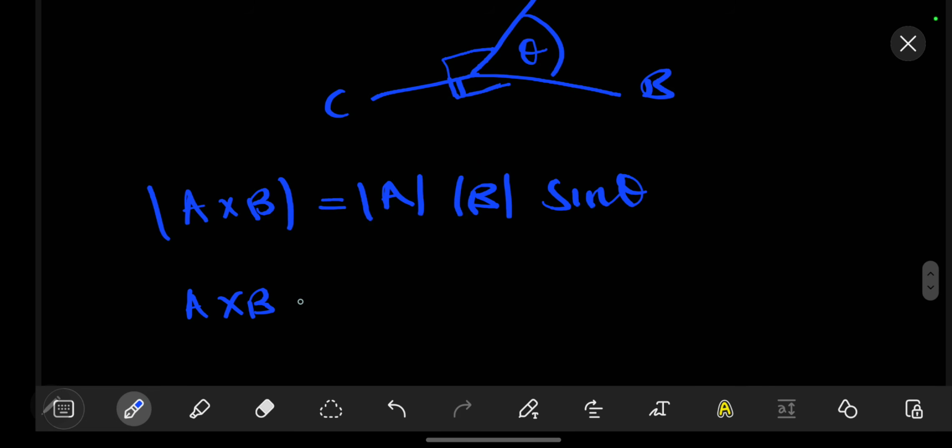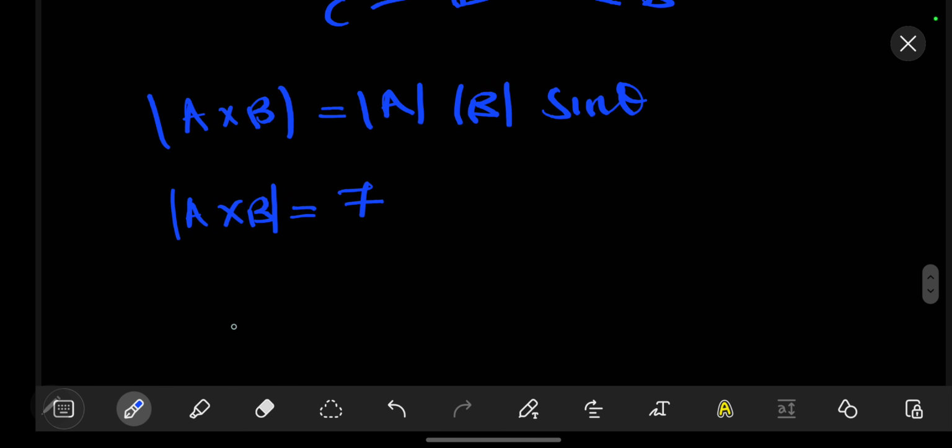The magnitude of A cross B is 7. So let's find the magnitude of A. Our A is equal to 3i plus 2j.